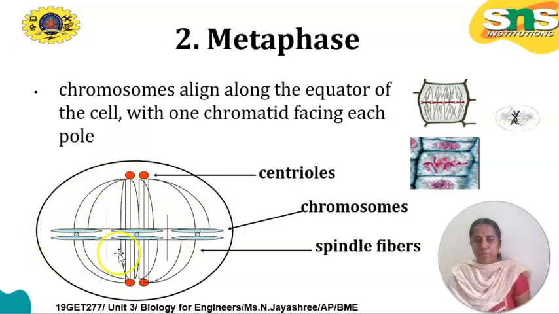When a chromosome is attached to the spindle fiber, it is a continuous spindle fiber. If the chromosome is not attached to the spindle fiber, it is a discontinuous spindle fiber. So in metaphase, the formed chromosomes align at the center, the equatorial line.